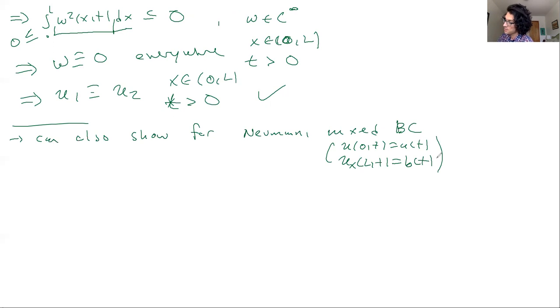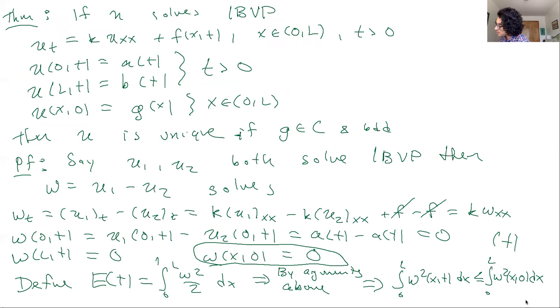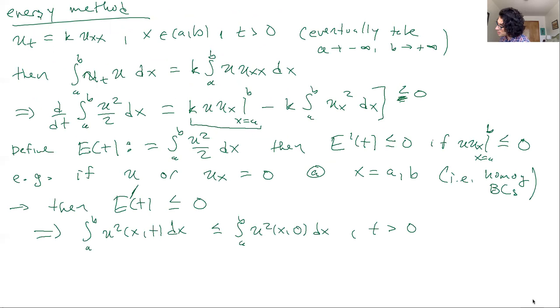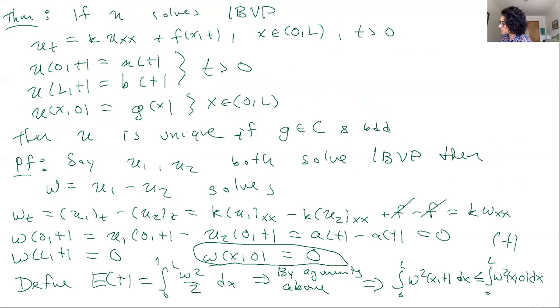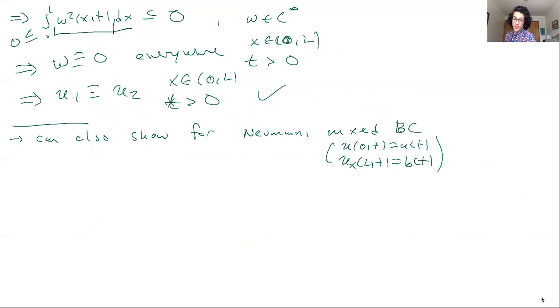That'll work as well, because you'll get that cancellation with the boundary conditions. You go back to here, and in that case everything still cancels out on that boundary term. So that's the idea, on a bounded domain.